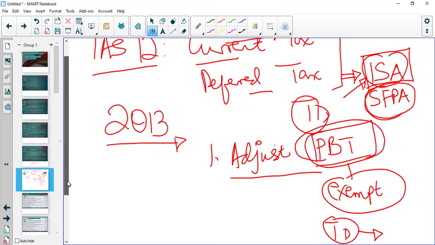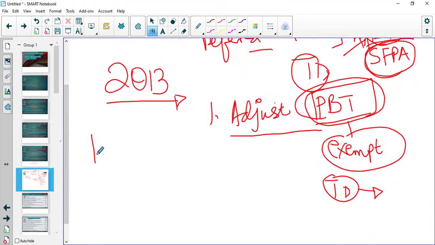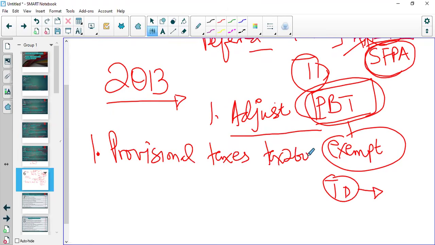Then the other thing that you should know about current tax is the provisional taxes, right? So coming from UNISA, you guys have done tax 2601, or wherever you are, you shouldn't reach third level without having touched some taxation aspect before.